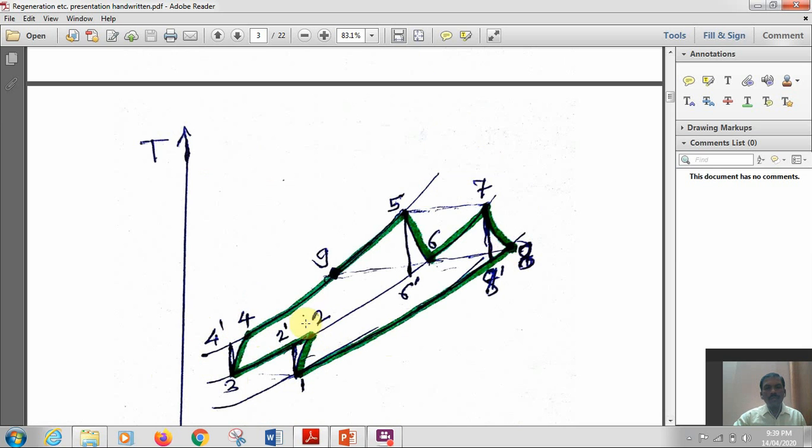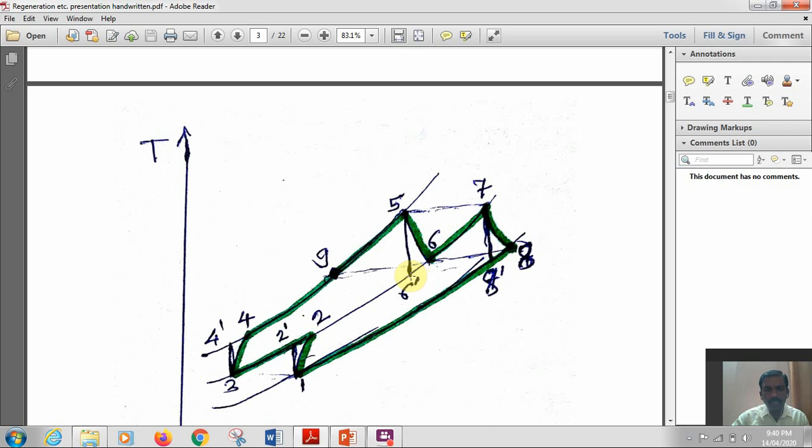Then further, the 6 and 8 temperatures are equal, so any one you can calculate. If we calculate T6 or T8, whichever you want, again you have to do the same thing. For 5 to 6, T5 divided by T6 dash is equal to P5 divided by P6, which you have just calculated, raised to gamma minus 1 upon gamma.